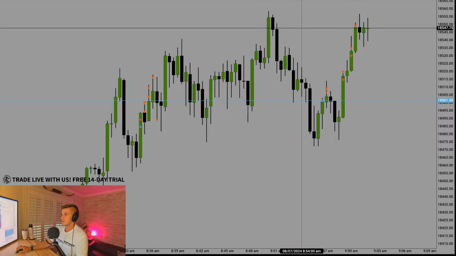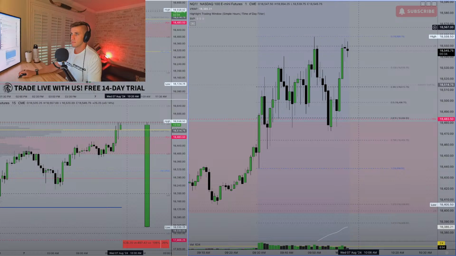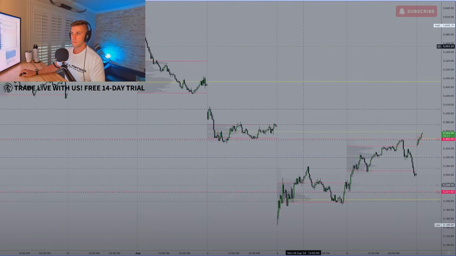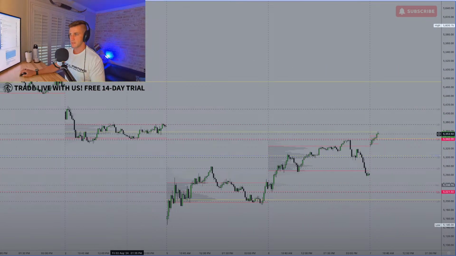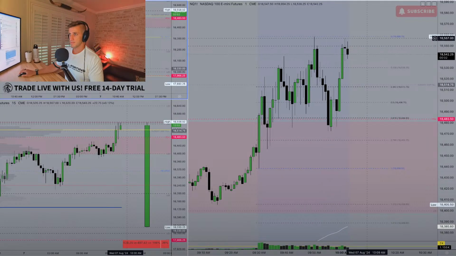It's better. So ES appears to be testing Friday's volume point of control. All that structure from there. On Friday, we talked about how significant that structure was. What's NQ doing? Still here.